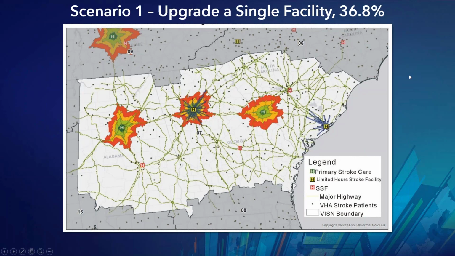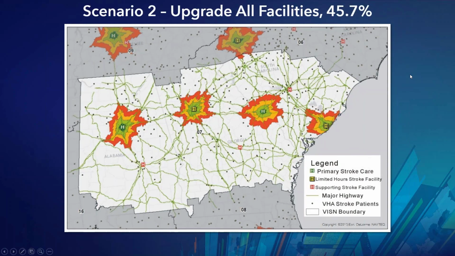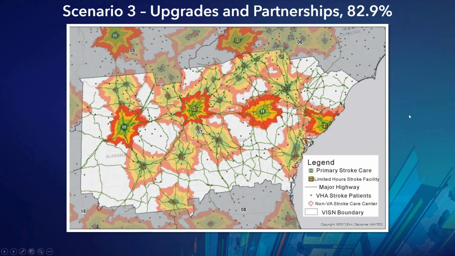By upgrading two facilities strategically, they went up to 45.7% coverage within their target. And then another scenario, similar to what we were talking about before with the community groups, was not only upgrading facilities, but establishing partnerships in different areas that can, again, increase the overall coverage to 82.9%.